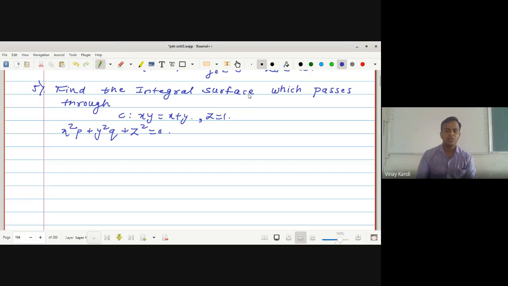So we have to find the integral surface which passes through the given curve, xy = x + y and z = 1. Okay, look at the solution.